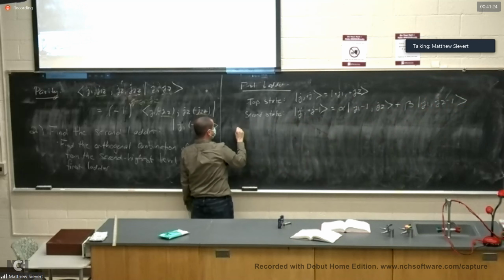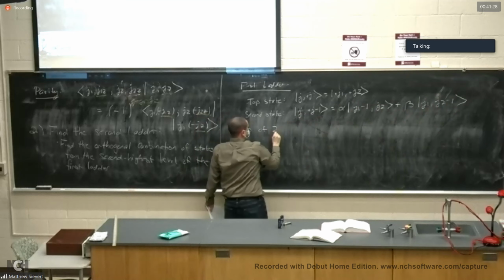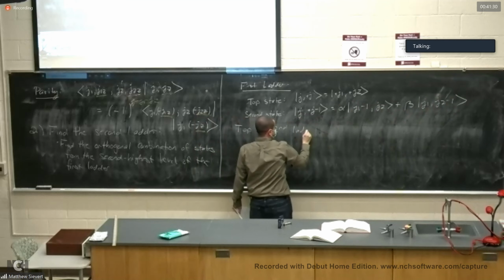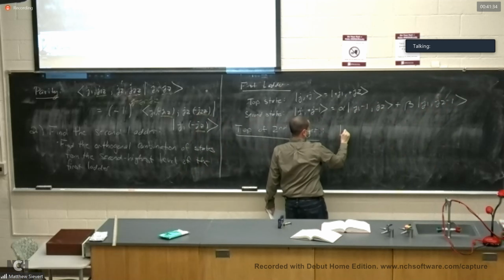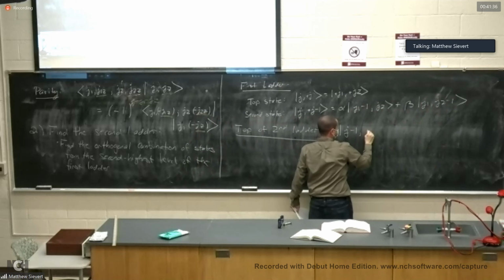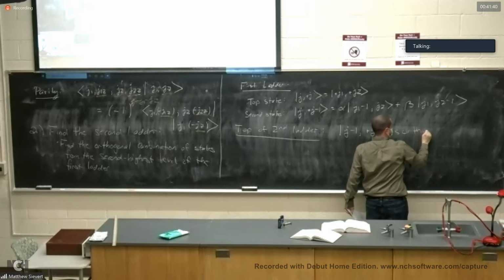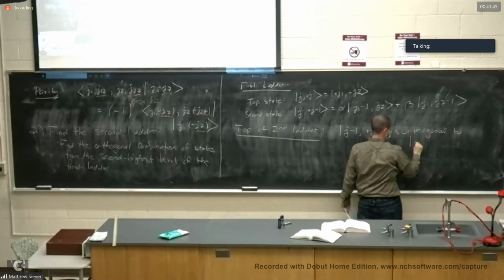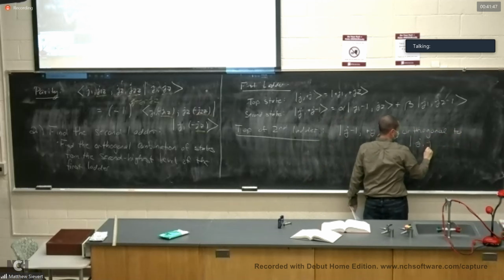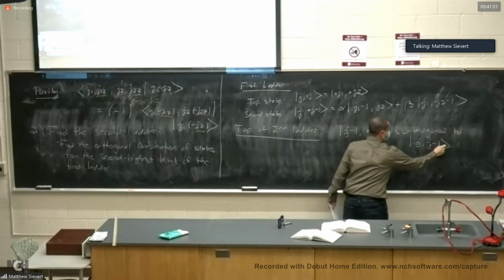The top of the second ladder is orthogonal to that. This is J minus 1, plus J. They both belong to that JZ subspace.